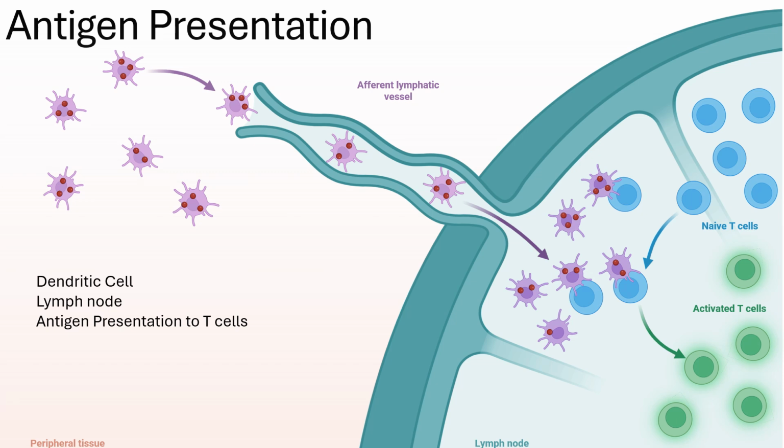Then the dendritic cell moves into a lymph node, and you can see it accessing the lymph node by the afferent vessel here. In the cortex of the lymph node, the APC displays the epitope of the pathogen on its MHC class 2 protein. This is the antigen presenting cell saying, "Hey, I found this."